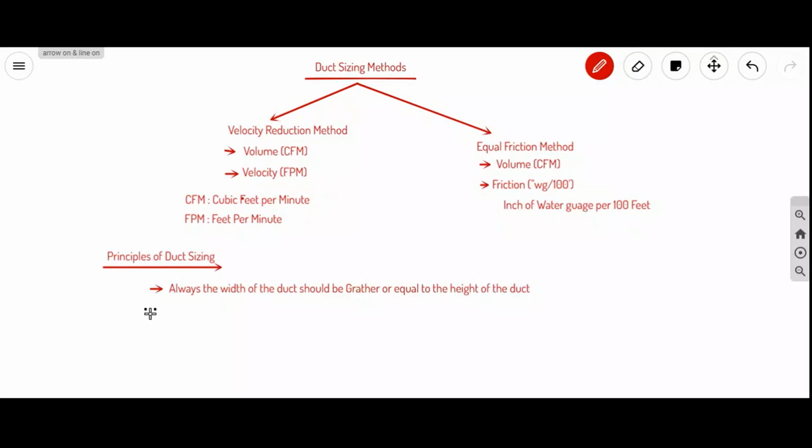Okay, next. Always the duct sizing should be in even numbers only.